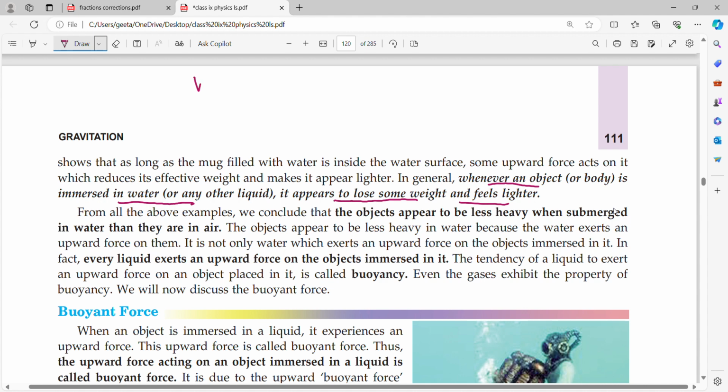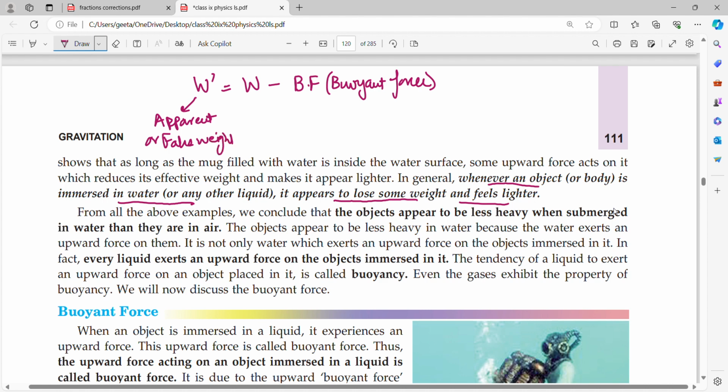There is one formula: W dash is equal to W minus buoyant force. B.F. stands for buoyant force. You can note down this formula somewhere in your copy. What is W dash? This is the apparent or fake weight inside the liquid, inside water you can say.